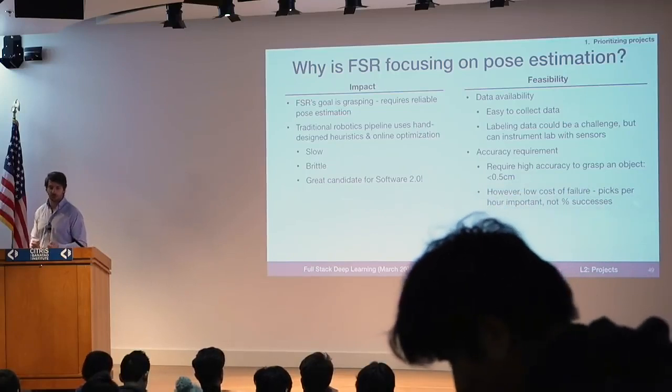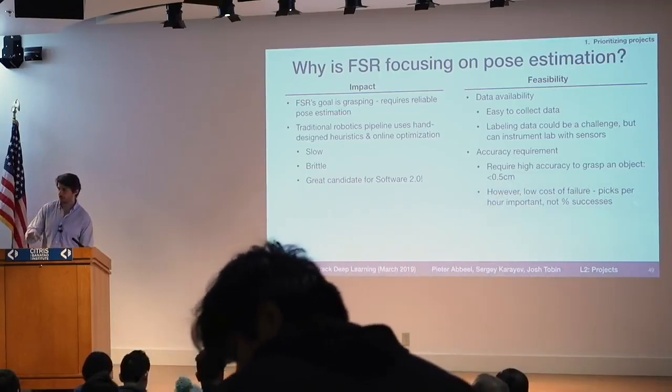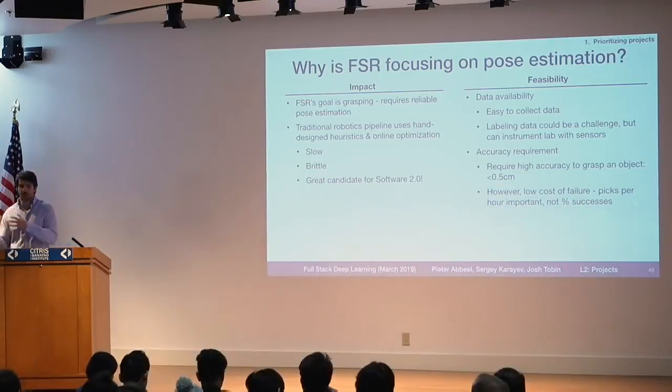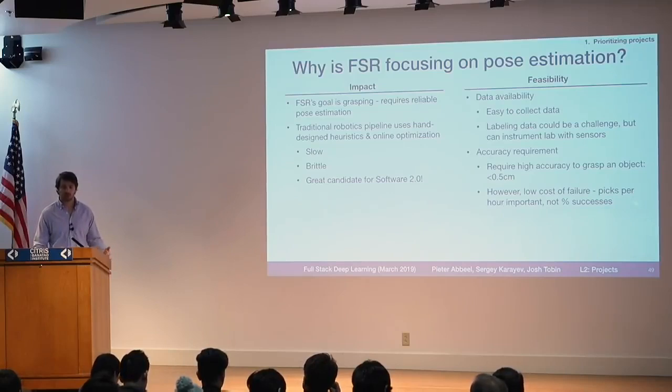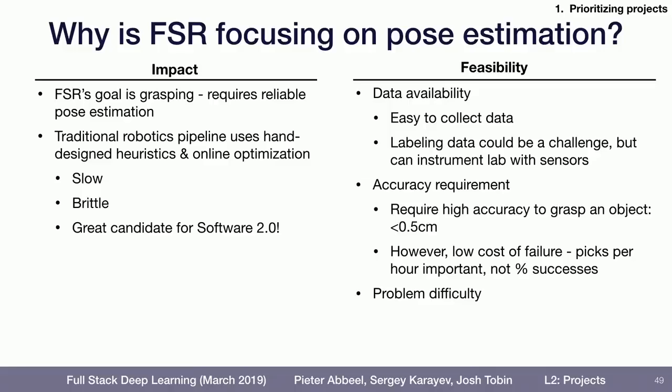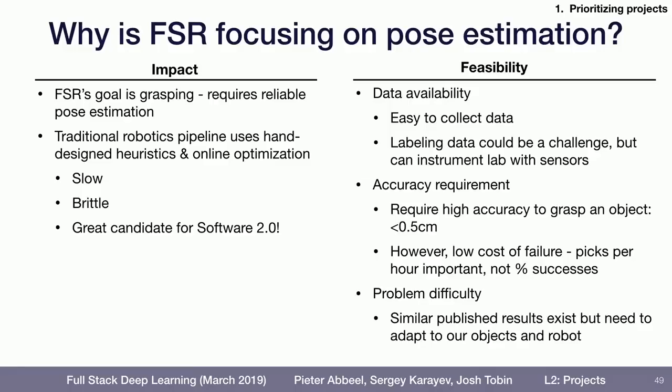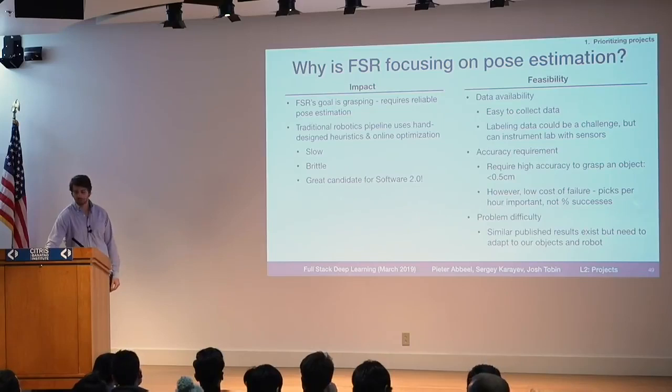And so the thing that we really care about is not the percentage of time that we grasp the object correctly, but the number of objects that we can move from one bin to another in an hour. So if we fail, it's not that big a deal. And how hard is the problem? Pretty similar to published results, but we'll have to adapt it to our data set, so it seems feasible.